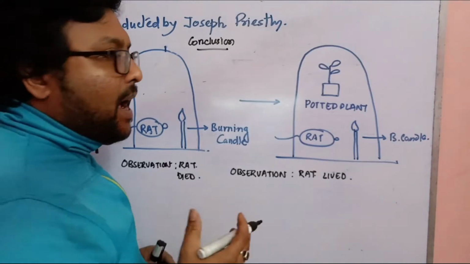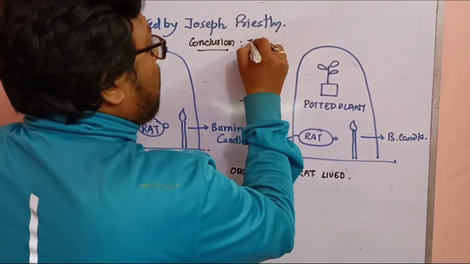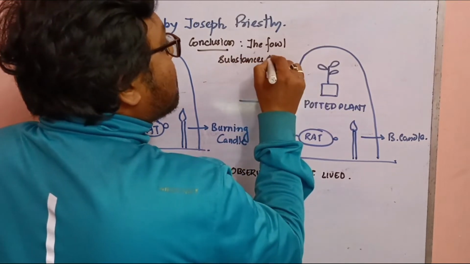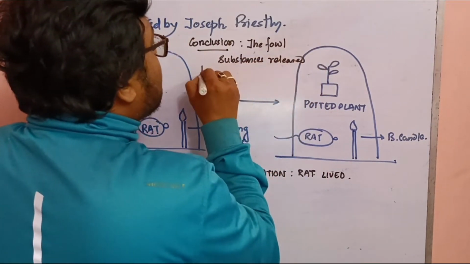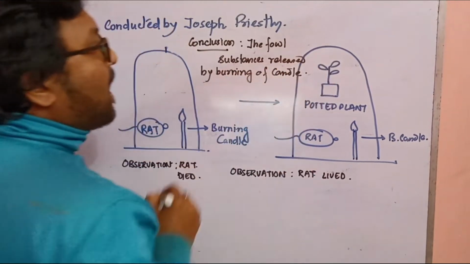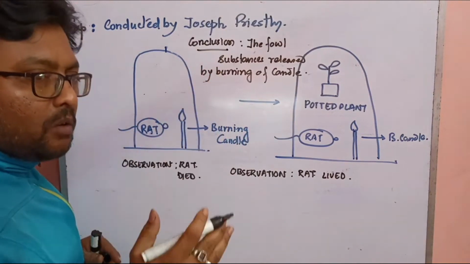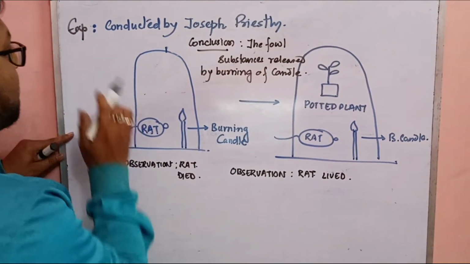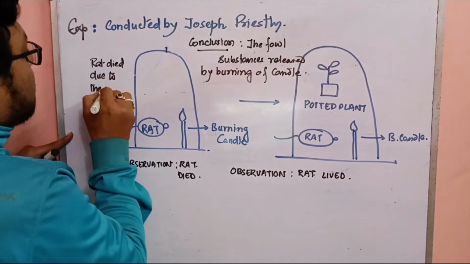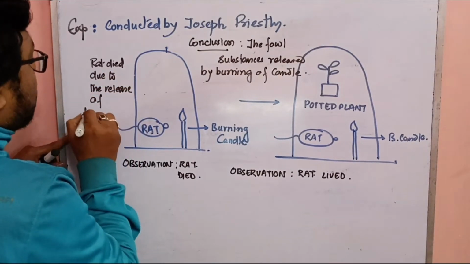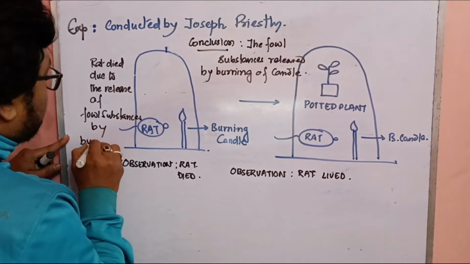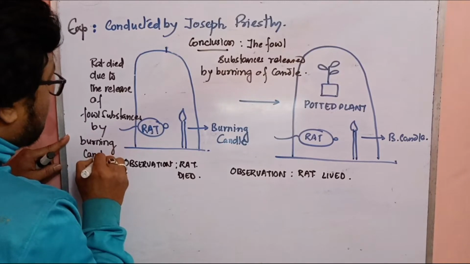He believed that basically the foul substances released by the burning of the candle, in this case he concluded that the rat died due to the release of foul substances by the burning candle.